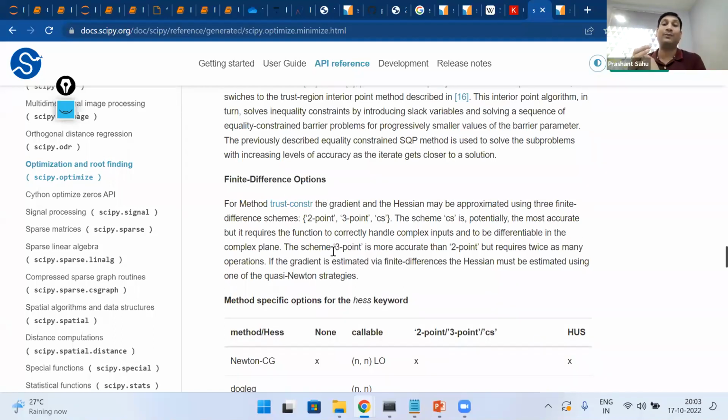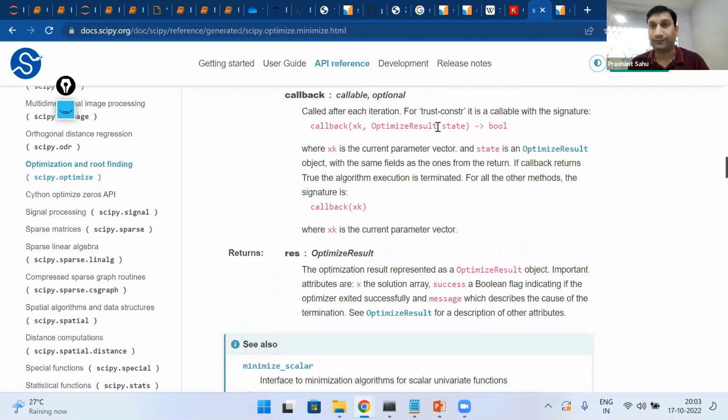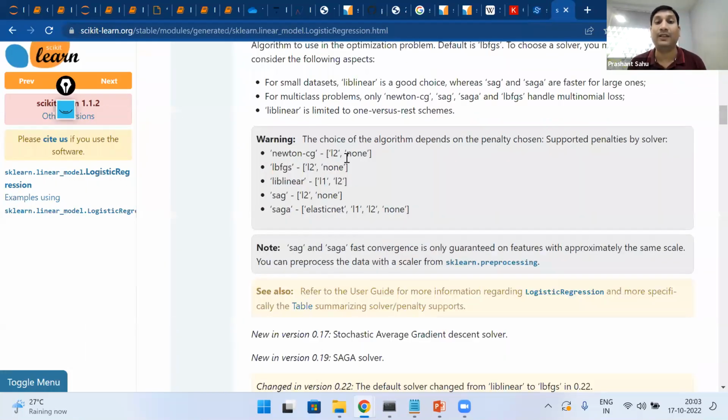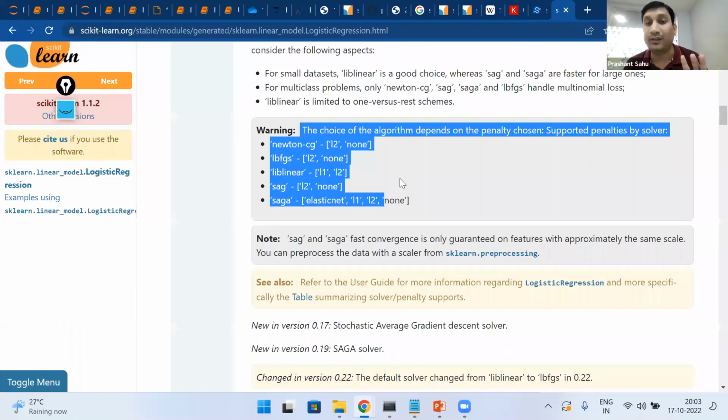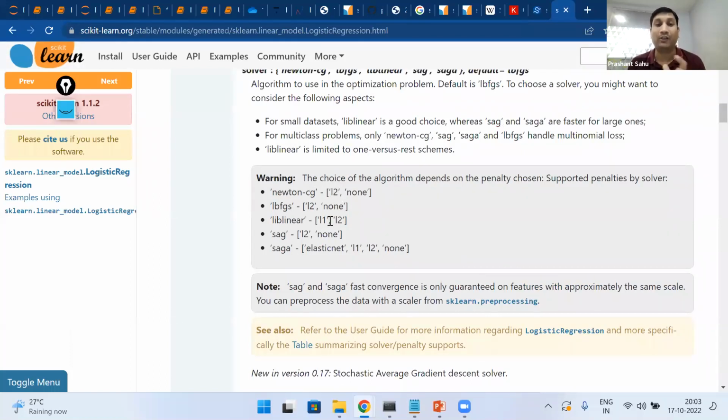Which algorithm to use for what kind of problem is partly solved because it is very clearly mentioned what to use when. And if you're still struggling, in the case of logistic regression it is clearly mentioned that the different solvers don't all support every penalty. If you decide that you have to go for L1 penalty, then your choice is limited.